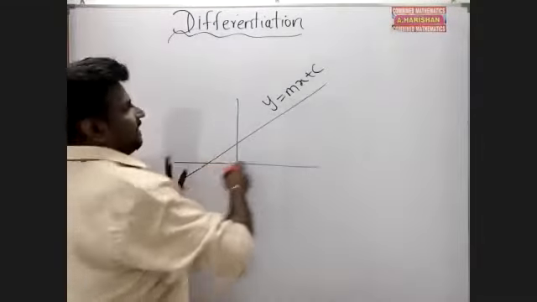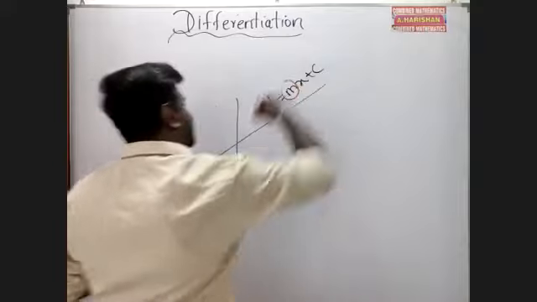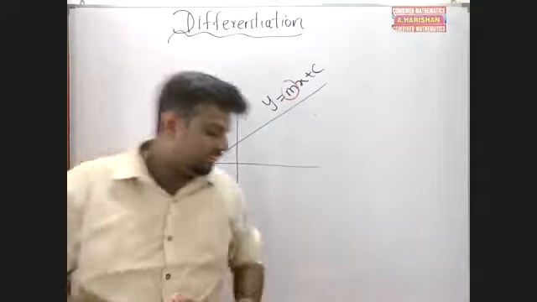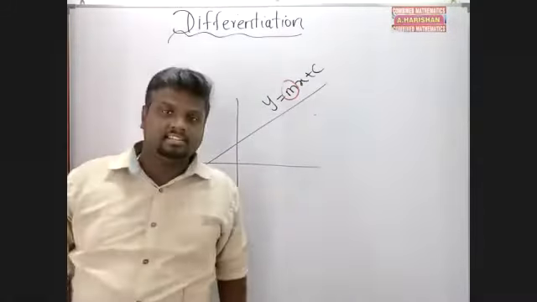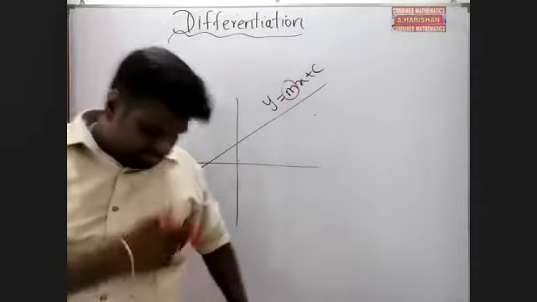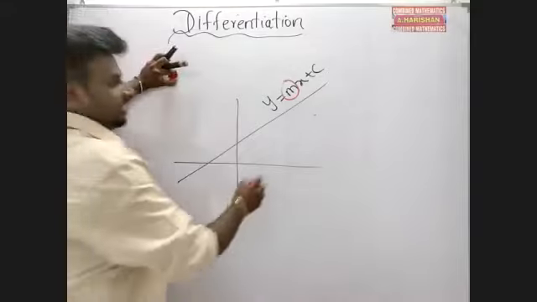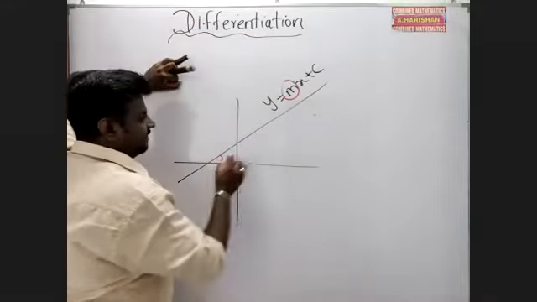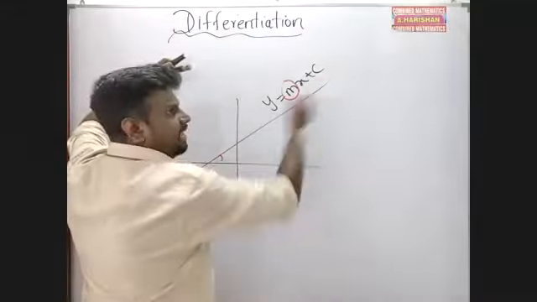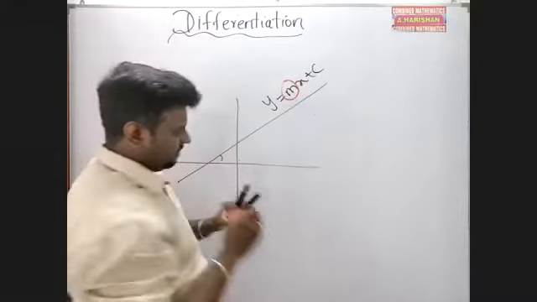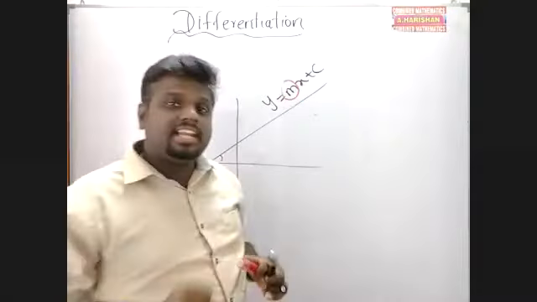Immediately we can say this m is the gradient. Is it clear? So it can be any line, we can find the gradient. That is for a straight line.